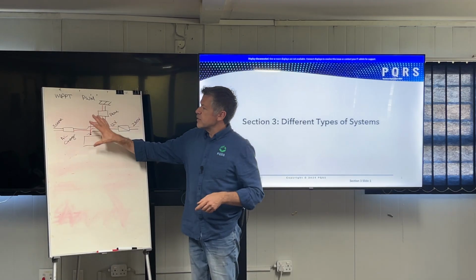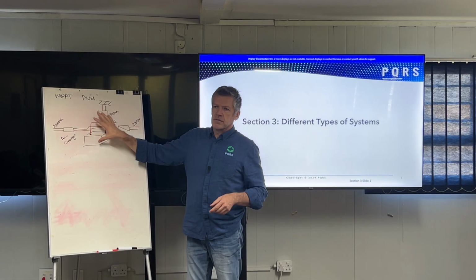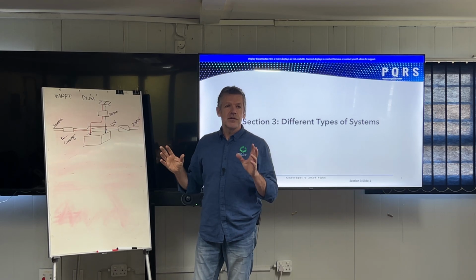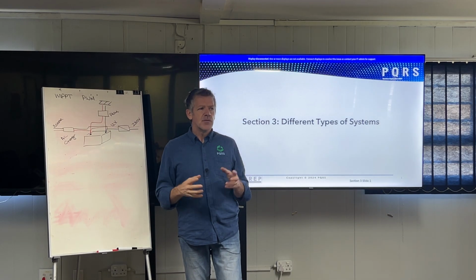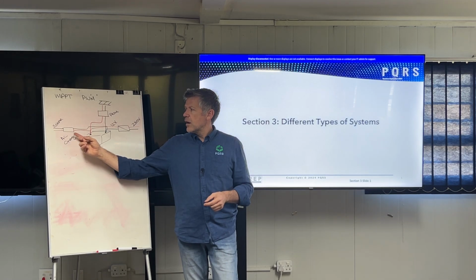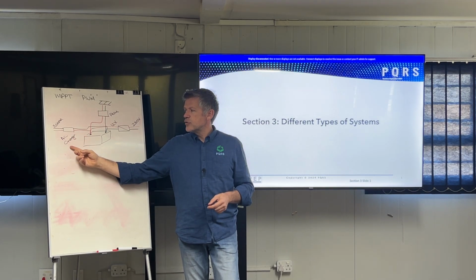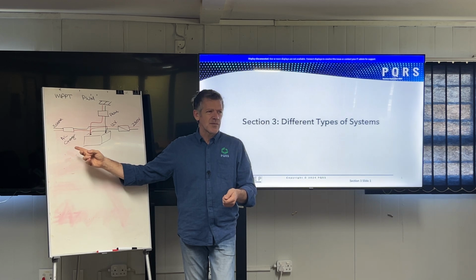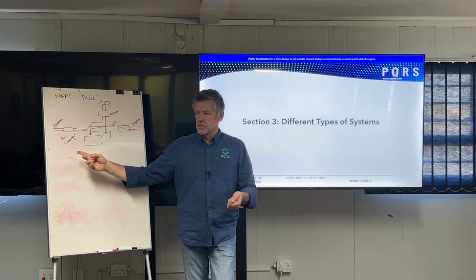The system that we've drawn on the board over here, if we don't have a municipal supply, are we going to be able to use an AC charger? In other words, would we be able to plug it in somewhere? We won't.